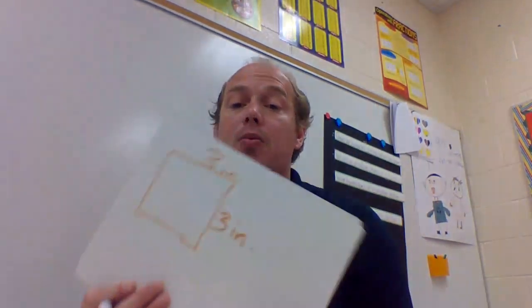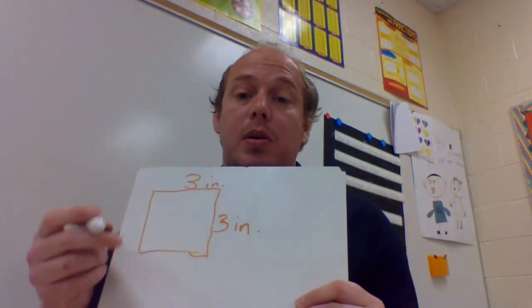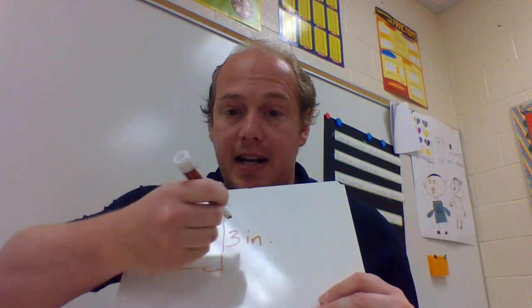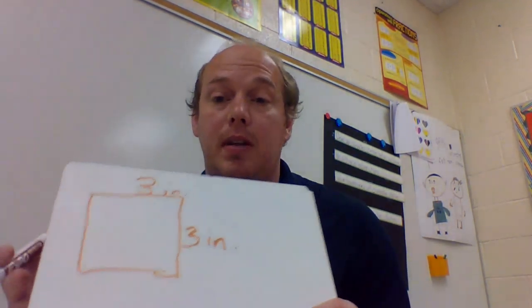Now, the way that we find area is we multiply these two numbers together. So 3 times 3 is 9. So the area of this square equals 9 inches.